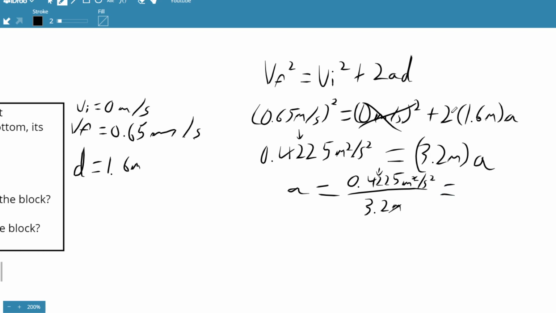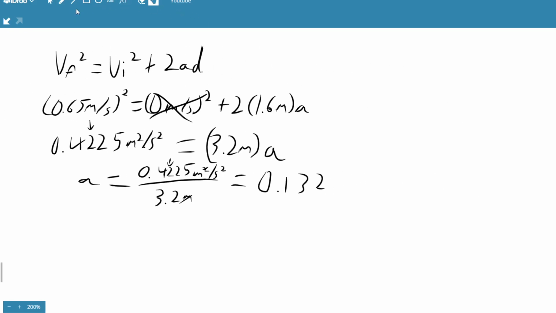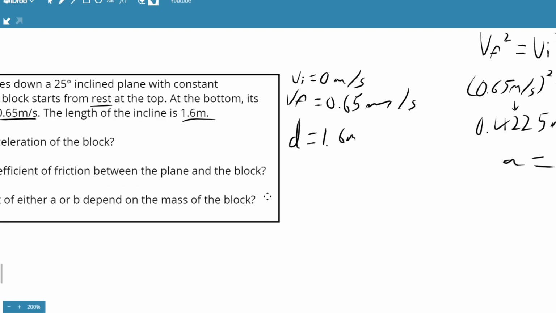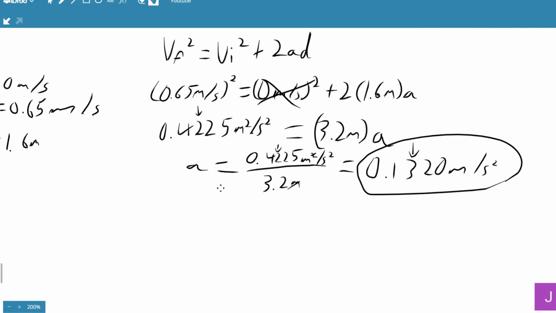Then we just put it in our calculator. 0.4225 divided by 3.2 is 0.1320. It's 2 sig figs, but we'll be using this later, so you should keep as many digits as possible. And we're done question A. That's it.